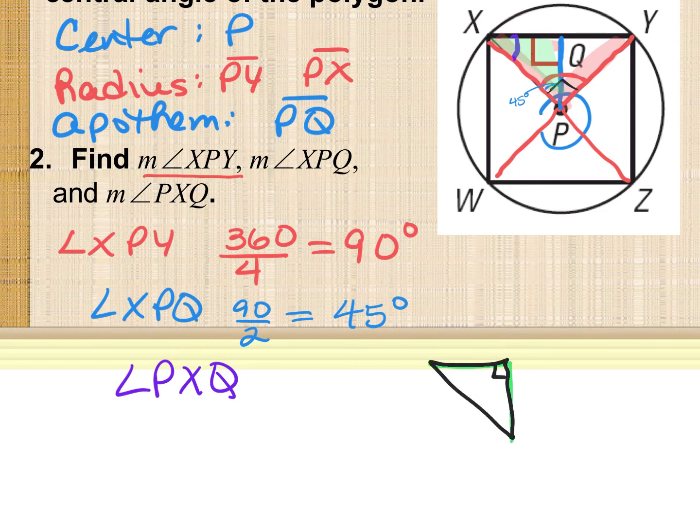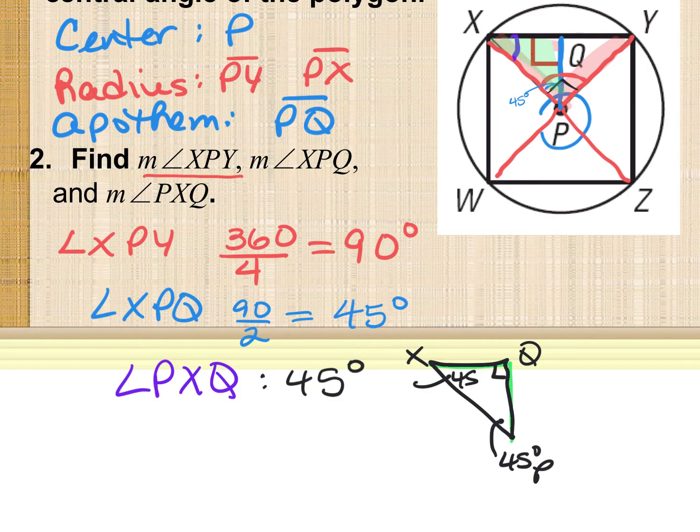We had the 90 degrees. We had this 45 that was split. So this is actually a special right triangle, and this angle PXQ is now also 45. So we're bringing back special right triangles.